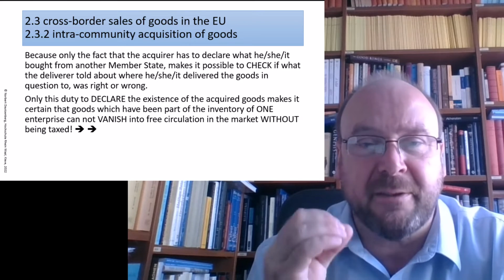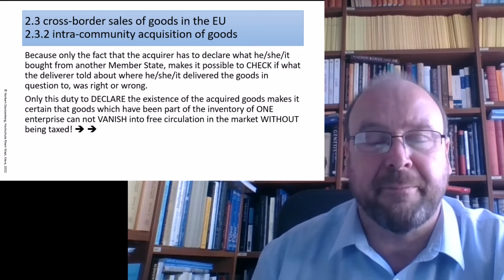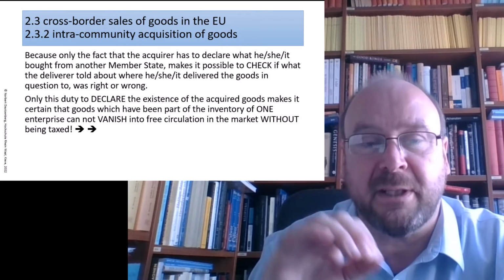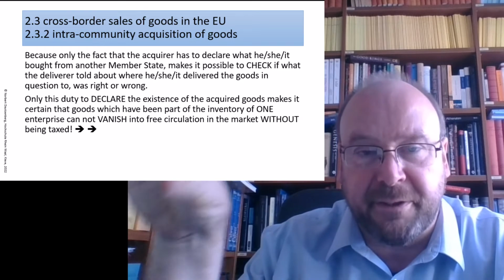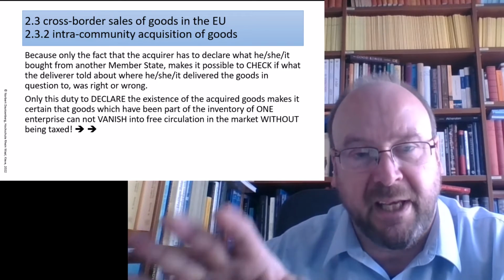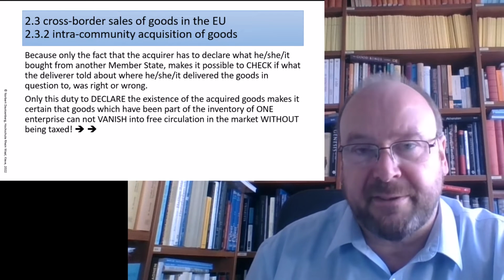Because if you had no acquisition tax declaration, you could do the following thing. Somebody in France says and proves, I delivered goods to somebody in Germany, gives the name and so on. So he remains free of tax.